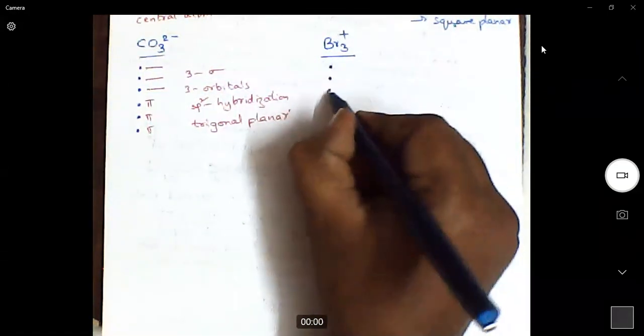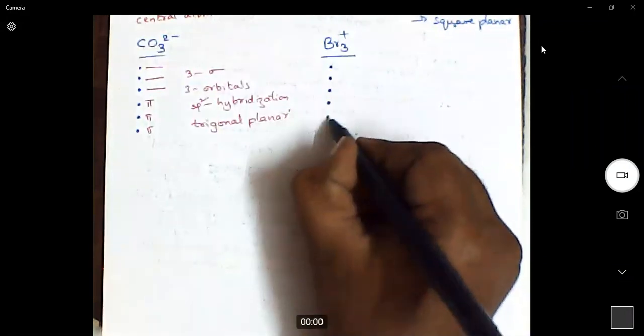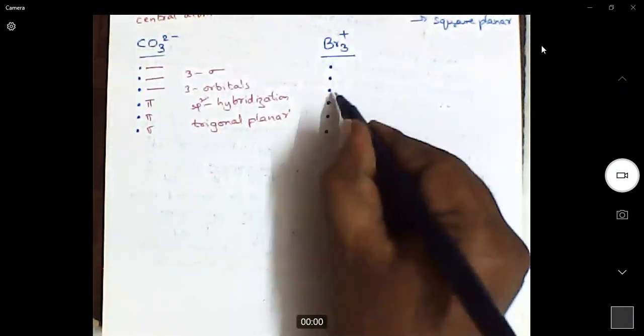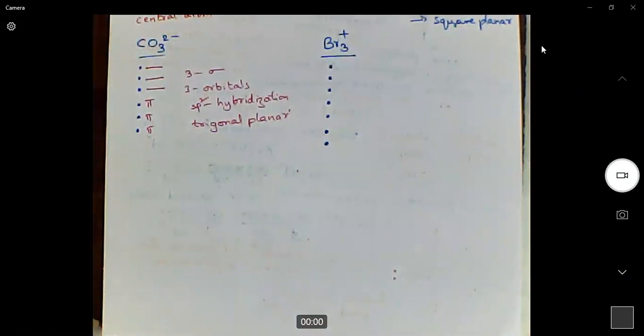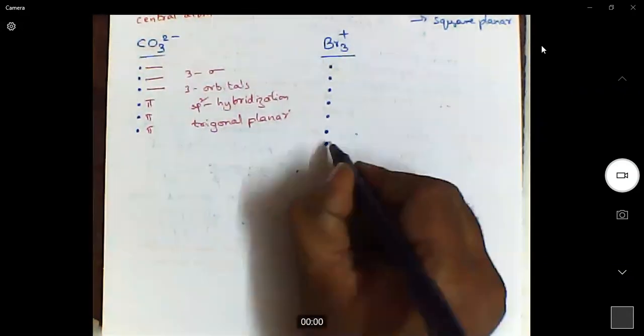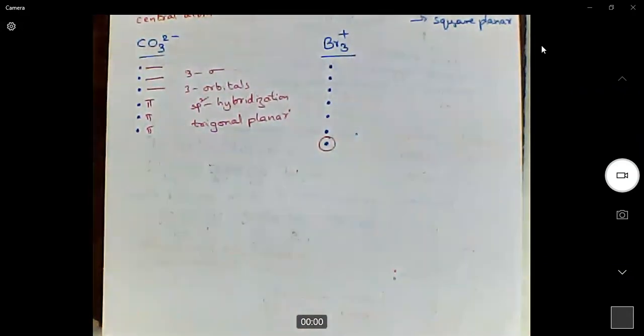It will have 7 valency electrons. Now, this molecule is having 1 positive charge. How do we get positive charge? If we remove 1 electron, then we will get 1 positive charge.